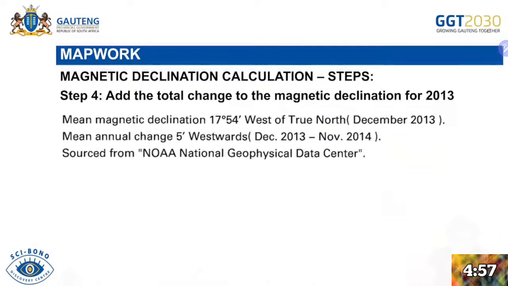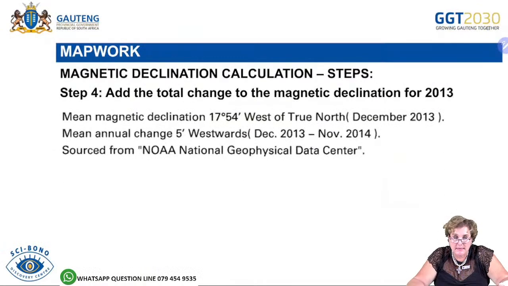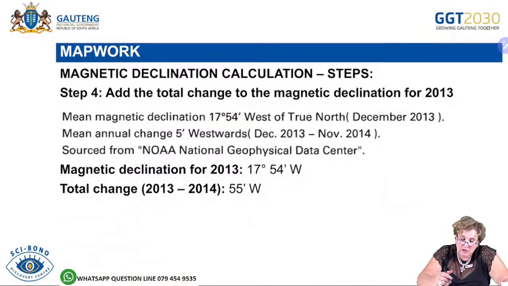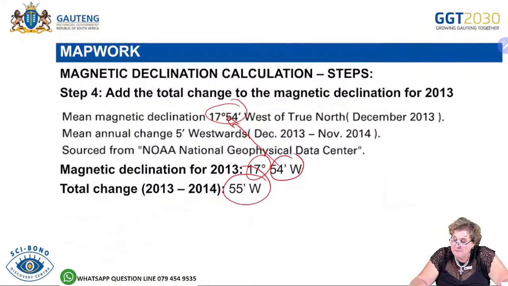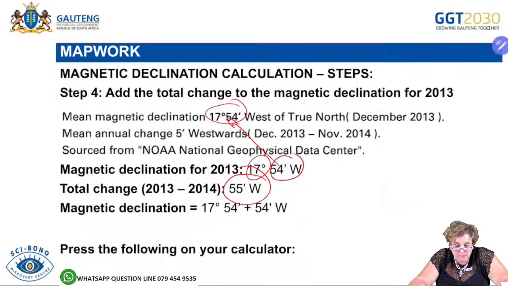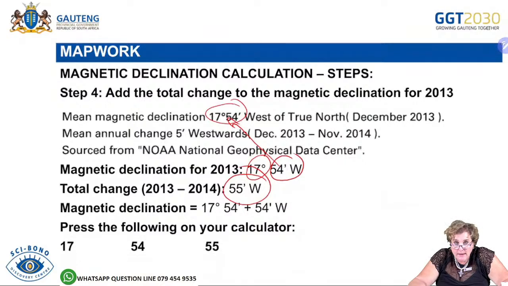Step number 4. Add the total change, which was that 55 minutes, to the magnetic declination for 2013. So in 2013, the magnetic declination was 17 degrees 54 minutes, as we saw there. The total change is the 55 minutes west that we have calculated previously. So if I add the two together, I must remember, always add minutes to minutes and degrees to degrees.